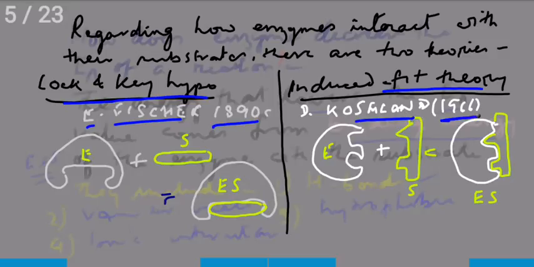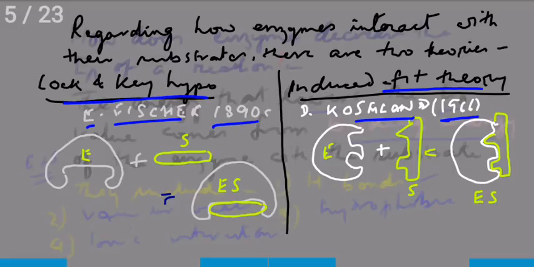The lock and key hypothesis basically says that all enzymes have a specific substrate, like a lock has a specific key. So enzymes will bind with a specific substrate. It has an active site that exactly fits the substrate, and then the enzyme substrate intermediate is formed, which is later broken down; the enzyme is released and the substrate is converted into product.